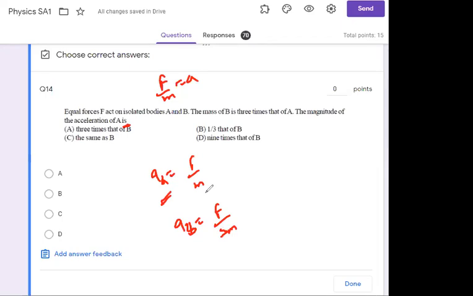So acceleration of A is 1 by 3 times acceleration of B, right? Sorry, I got it reversed, it is 3 times. So this is acceleration of B and this is acceleration of A. So I can say this is 3 times acceleration of B. The answer should be A. Yes or no? Clear? It should be A. Okay?